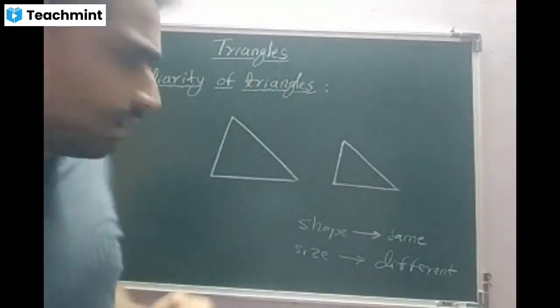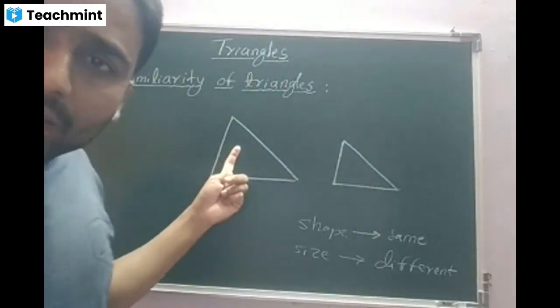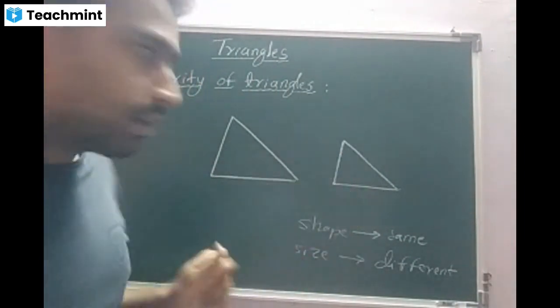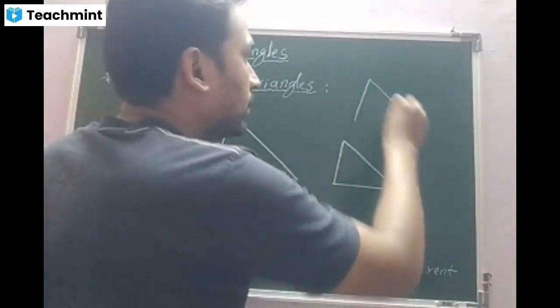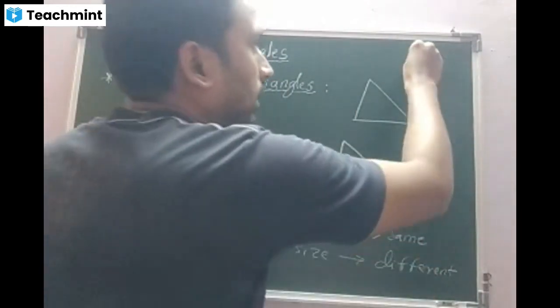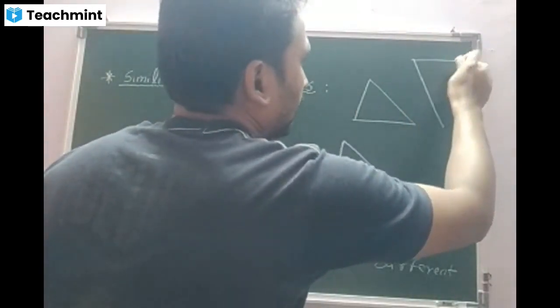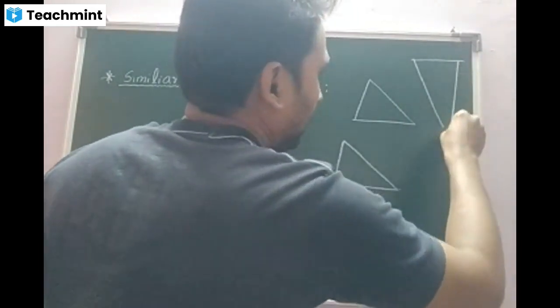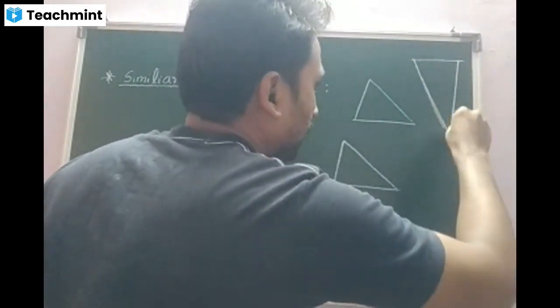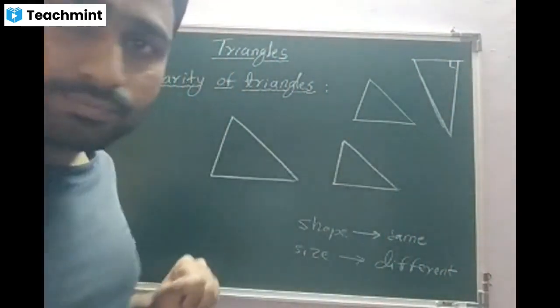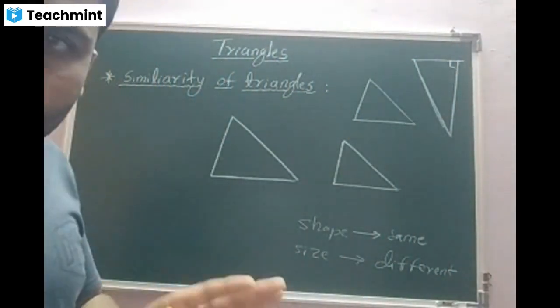Look at the triangle. Here I have taken an acute angled triangle. Here also the same one. If I take one triangle like this, which is an acute angle triangle, and one like this, a right angled triangle, do you feel these are similar triangles, beta? No, sir.